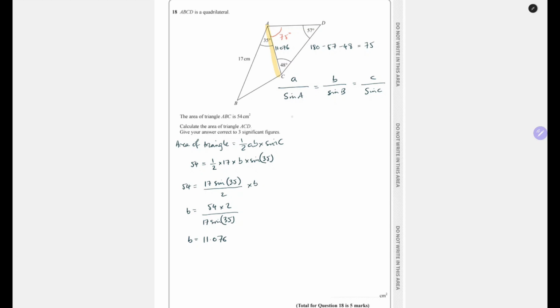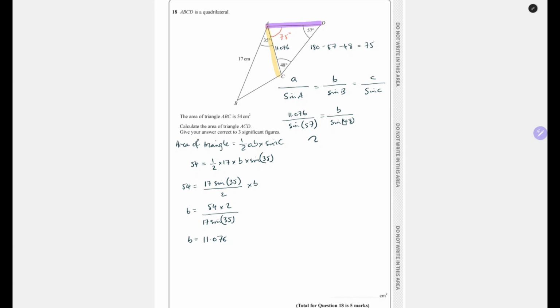And so we can say 11.076 over its opposite angle, which is sine 57, is equal to B, an unknown, over sine 48, with B being length AD.